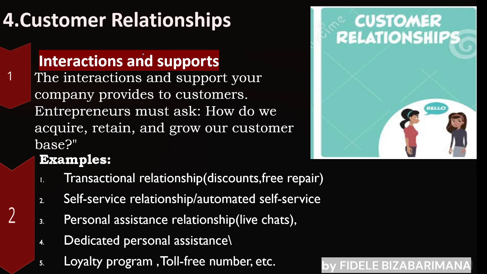Personal assistant relationship, like having a live chat, dedicated personal assistant, or you can also have the loyalty program and give customers toll-free numbers to call you without loading money into their lines.